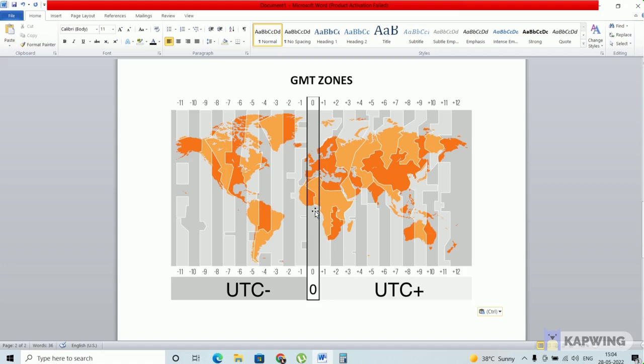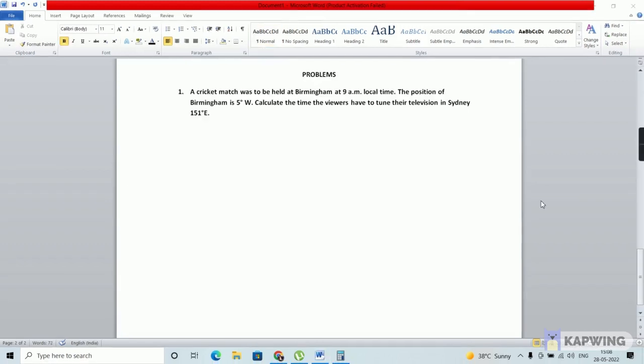This longitudinal line passes over the Greenwich Observatory, which is located in the UK. As we progress towards the eastern side, the time increases by 1 hour, and as you progress towards the western side, the time decreases by 1 hour in each zone. I hope you have understood all the basic concepts which I have discussed. Let me put that into use here.